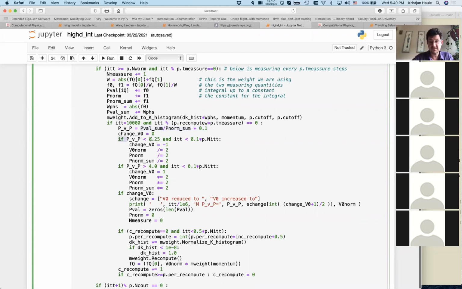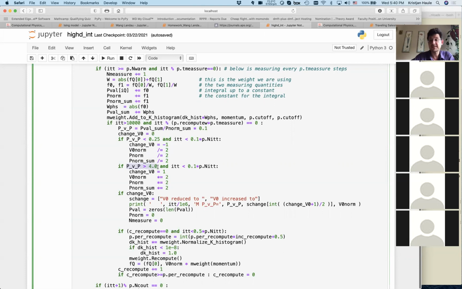If it's very different, much smaller than 1, let's say less than 0.1, then we need to decrease V0. So we decrease V0 by a factor of 2. We reduce this constant alpha by a factor of 2, and then we reduce the quantities that we already accumulated, which are proportional to alpha, by the same amount.